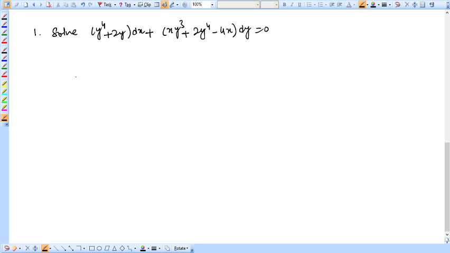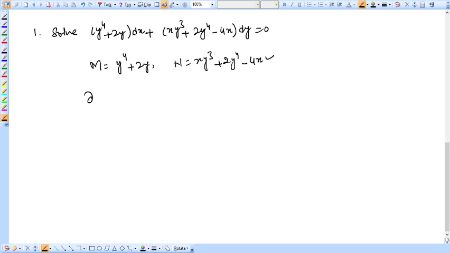Okay, so see what M is here. M is equal to y^4 + 2y, and N is equal to xy^3 + 2y^4 − 4x. Fine. So let us see whether or not this equation is exact.